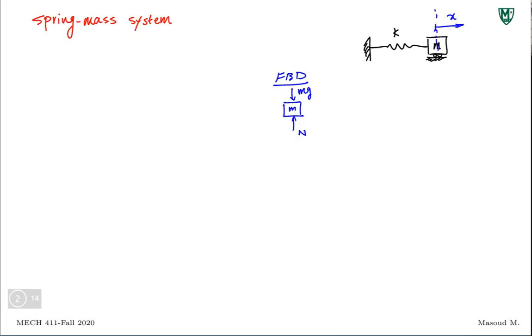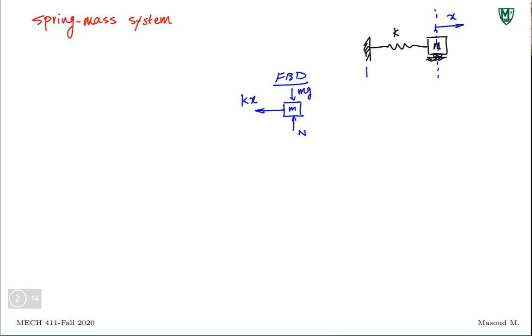At this point, the spring is not stretched. The spring is at its undeformed length, meaning that there is no initial force in it. Once we start moving away from this equilibrium position, going to the right, the spring is trying to pull the mass back to where it was. That's what the spring does. So Kx is the force of the spring, since it's a linear spring. And that's pretty much it on the free body diagram.